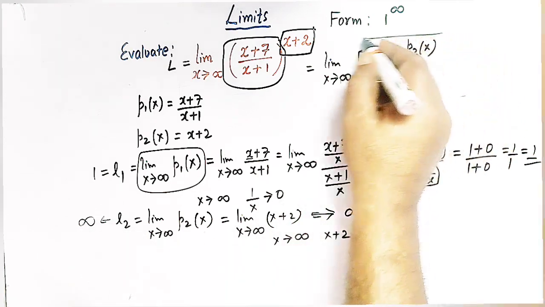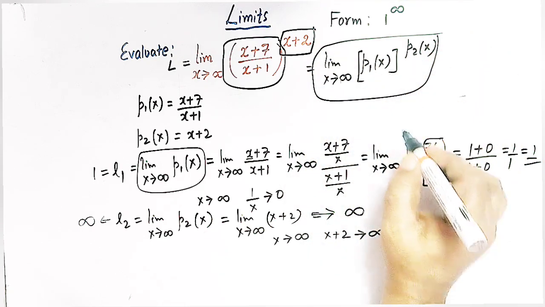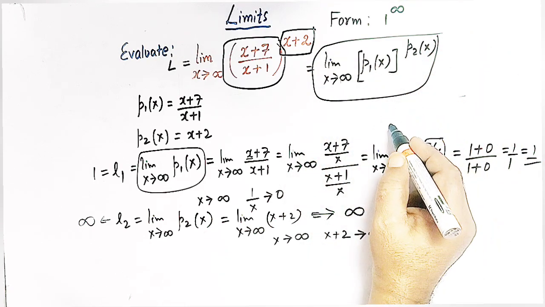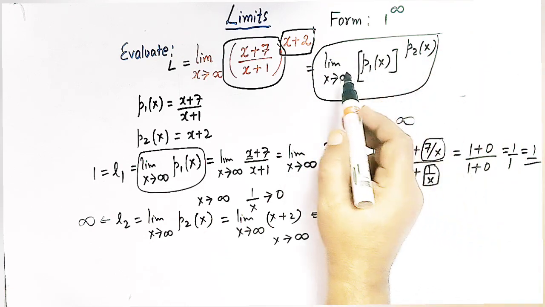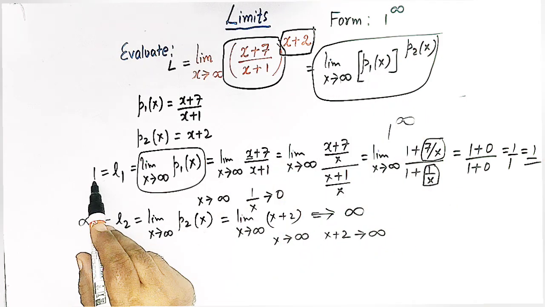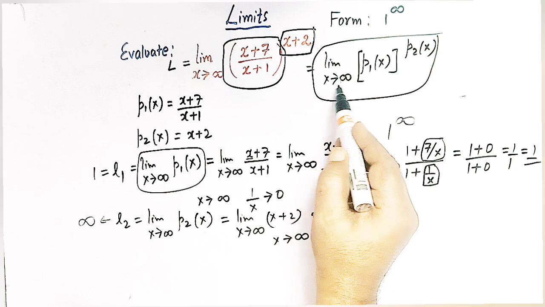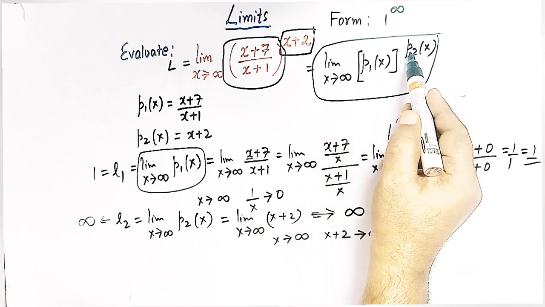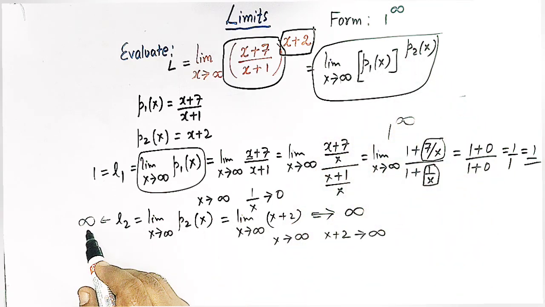So this limit now takes the form 1 raised to infinity, because the limit as x tends to infinity of p1(x) is 1, and the limit of p2(x) tends to infinity.